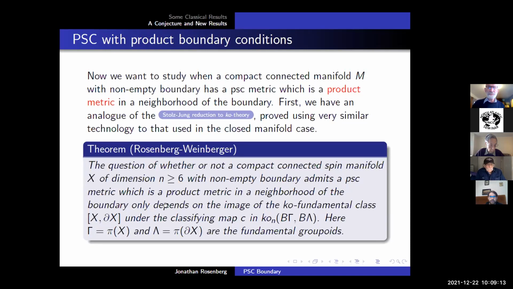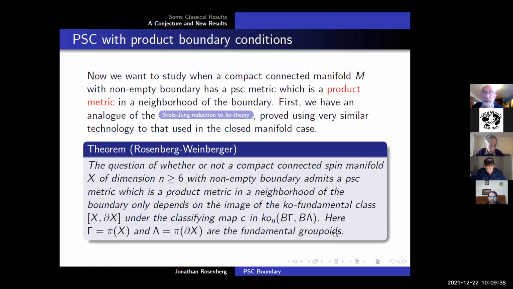Well, then it only depends on the image of the KO fundamental class under the classifying map in KO_n of B gamma, B lambda. Here, gamma is the fundamental groupoid of X, and lambda is the fundamental groupoid of the boundary.